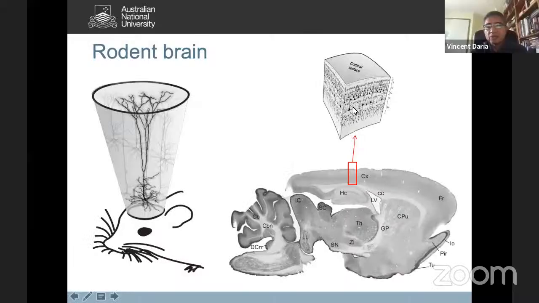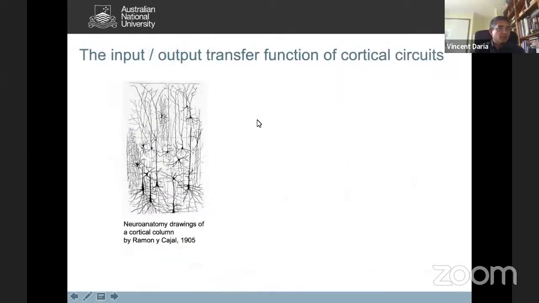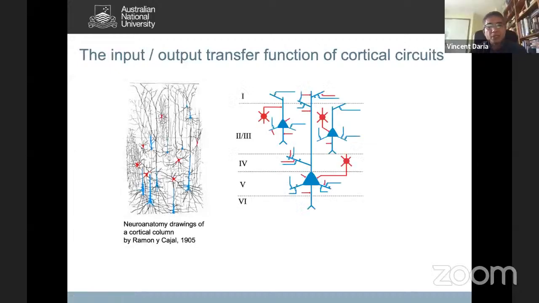Slice of it, and we can see that there's a circuit associated with it. And then we can look at individual circuits in a rat. So we wanted to see whether each of these neurons here are connected to each of these neurons, and how this neuron actually processes all the inputs to arrive at an output.